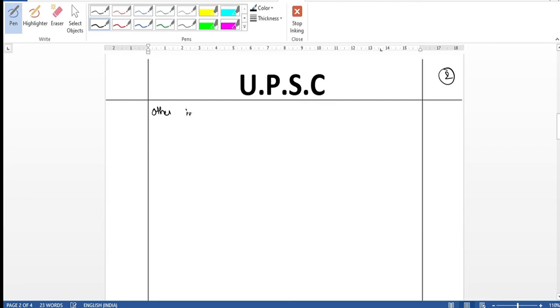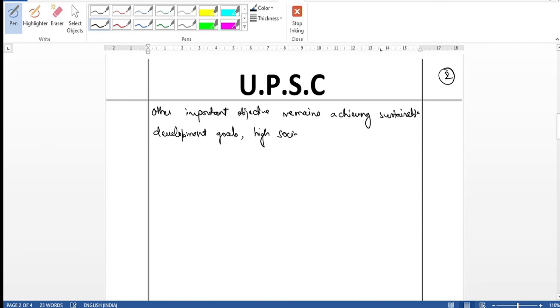Other important objectives remain: achieving sustainable development, high social and physical infrastructure building, achieving women empowerment, or rather gender equity and empowerment.